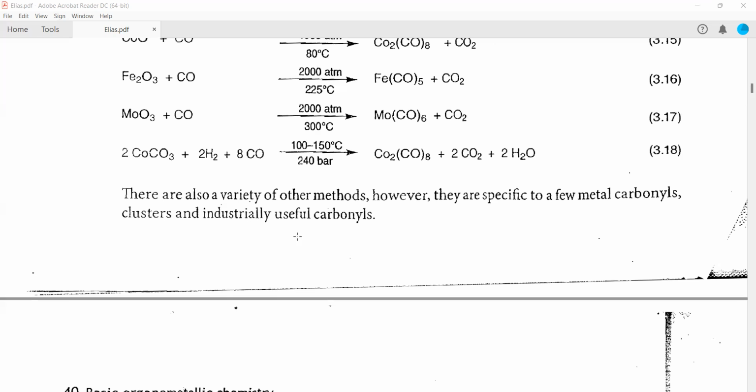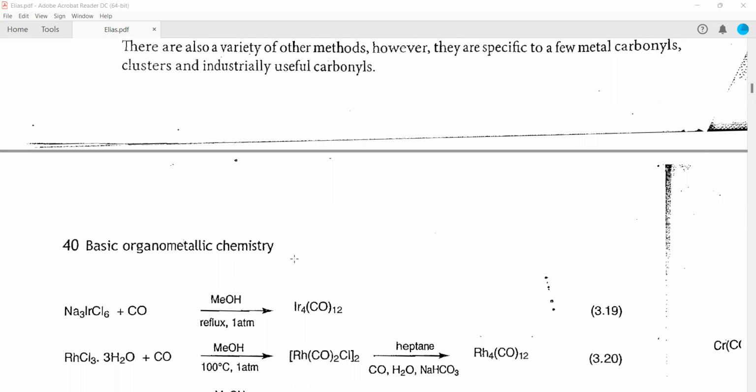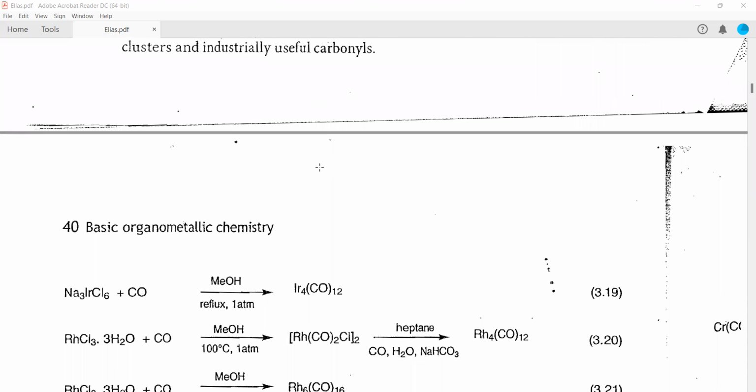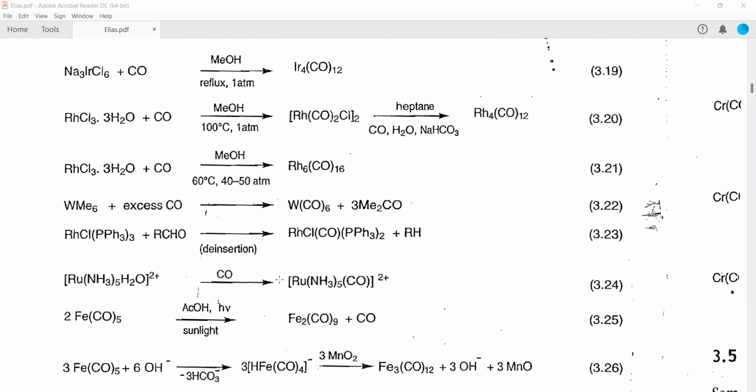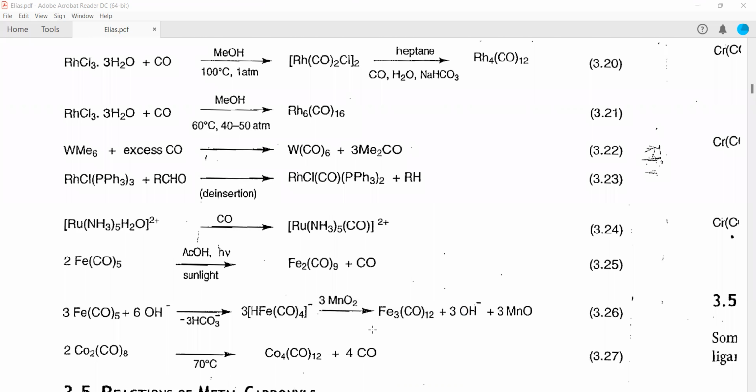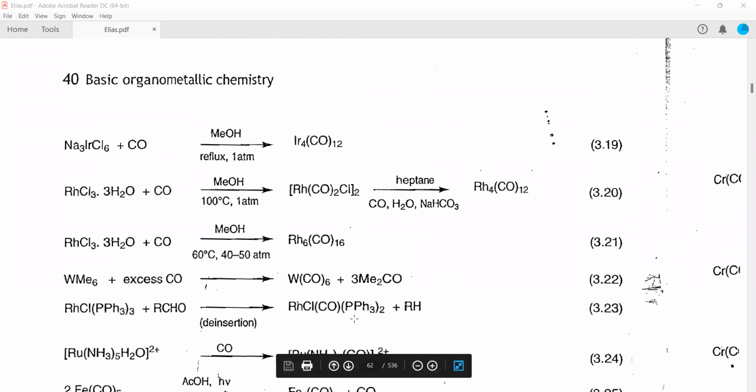There are also a variety of other methods. However, they are specific to a few metal carbonyls, clustered and industrially useful carbonyls. These are carbonyls that are very useful from the industry point of view, because they act as catalysts themselves but also as metal precursors, and are used quite a lot. All of this is listed over here.